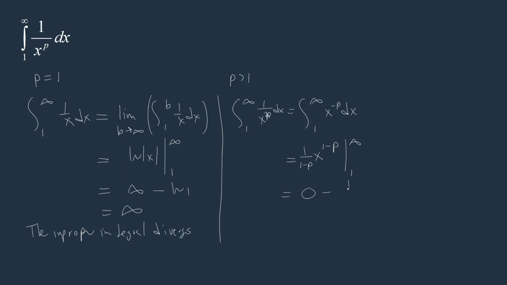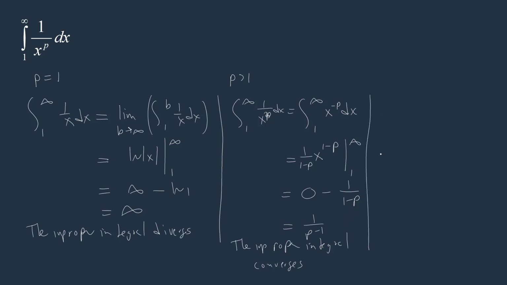So that would be 1 over 1 minus p times 1. And that is 1 over p minus 1. So this particular improper integral would converge. So in this case, the improper integral converges. And its value is 1 over p minus 1.